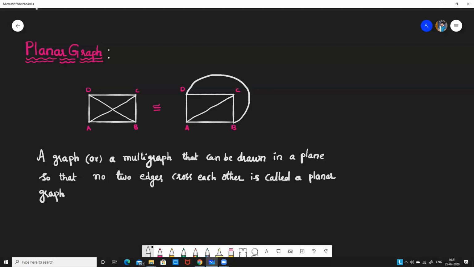Right? So this is the definition of planar graph.